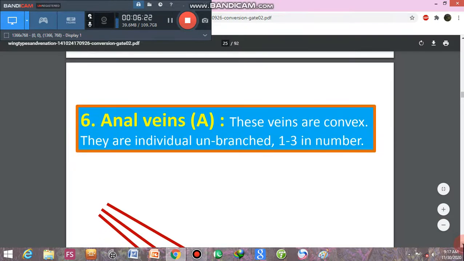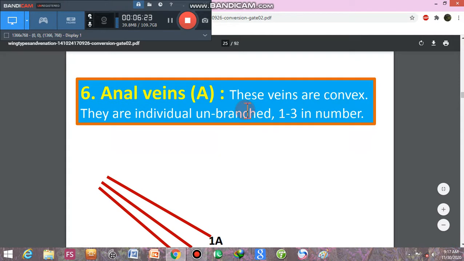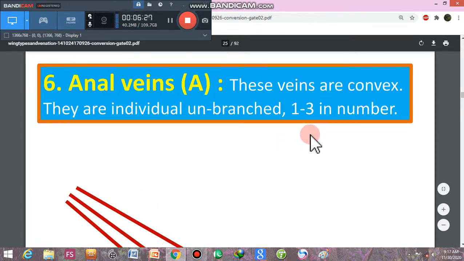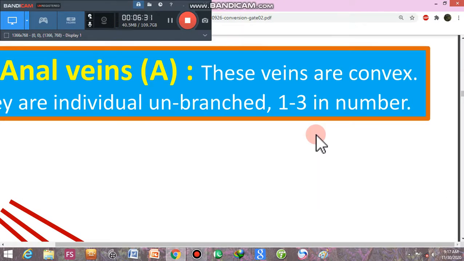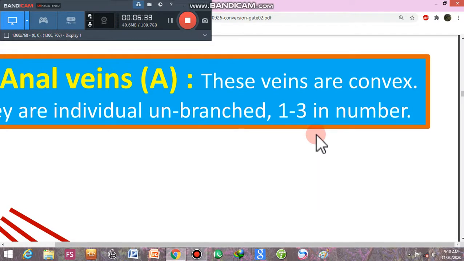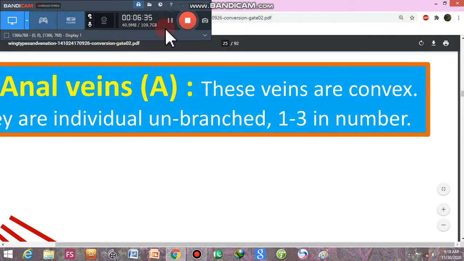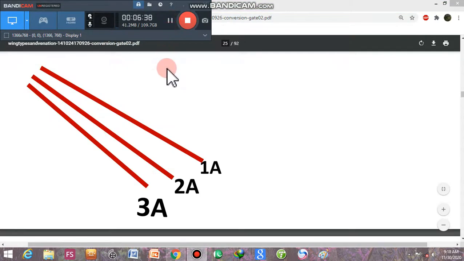Next vein is the anal vein, and it is abbreviated with A. These veins are convex and they are individually unbranched, 1, 2, 3 in number. Here you can see these three anal veins, 1A, 2A and 3A.